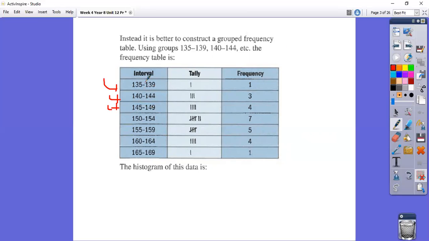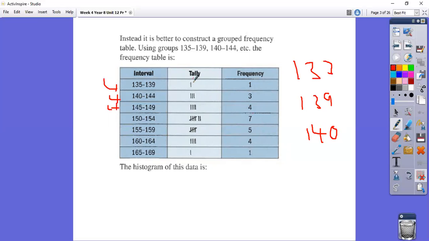When you're looking at data, say for example a child was measured at 133, let me write this a bit more clearly, 133, that child's height would go into this class interval. If somebody was 139, again, it would go into this class interval, not here, because there's no overlap. 139 stops here, it starts at 140. If some child was 140, it would go into this class interval, not that one.